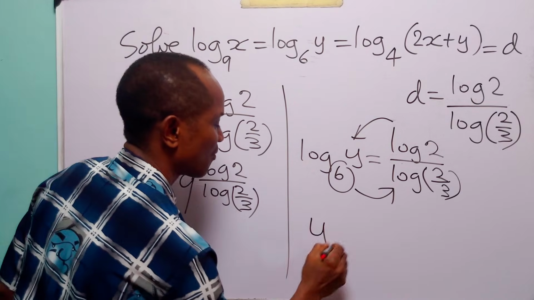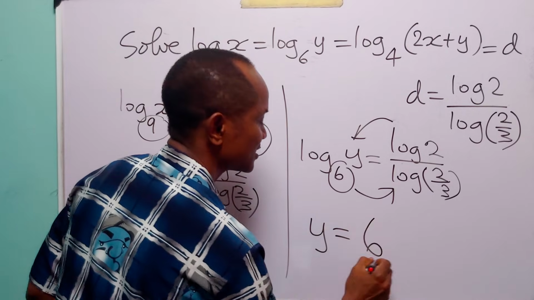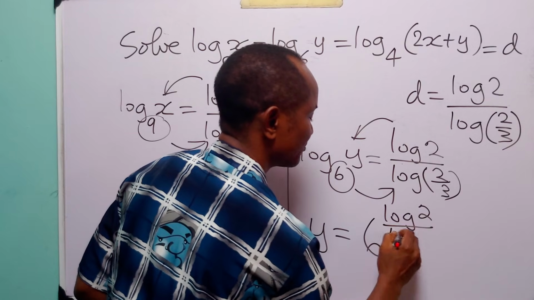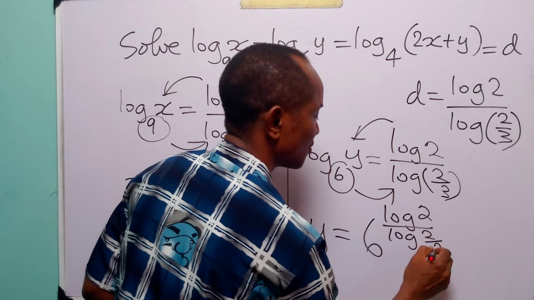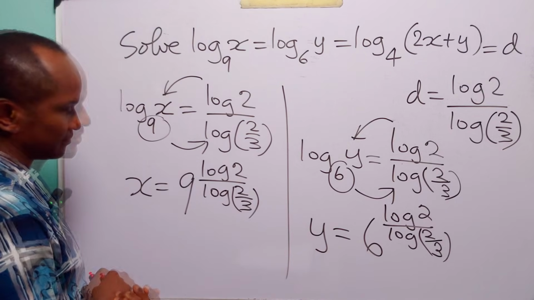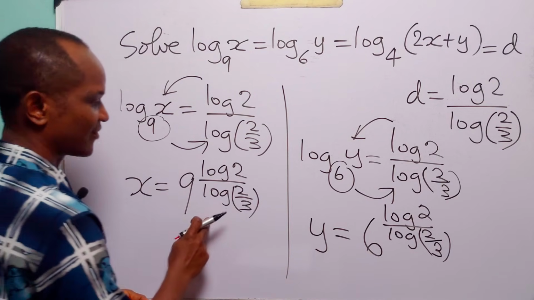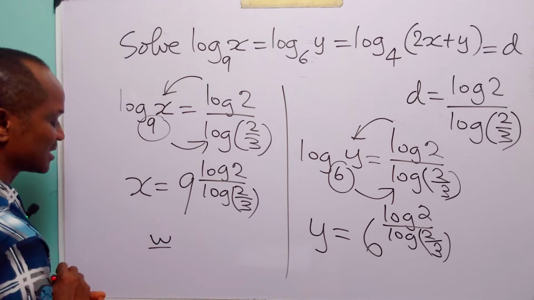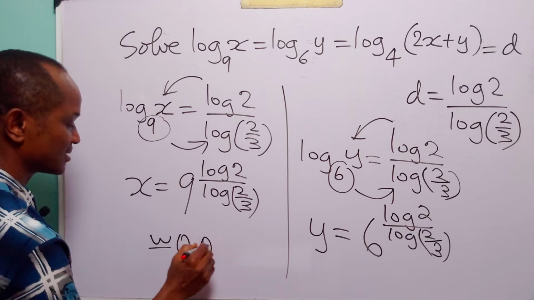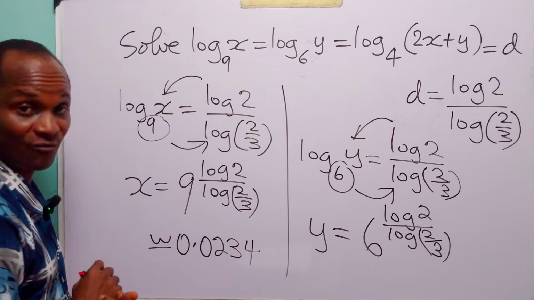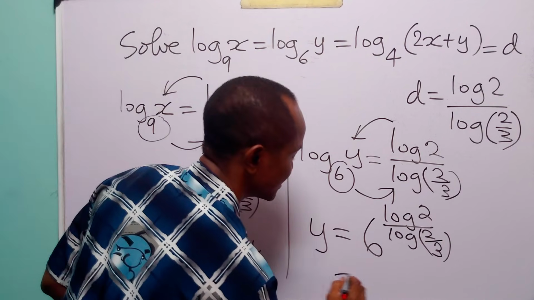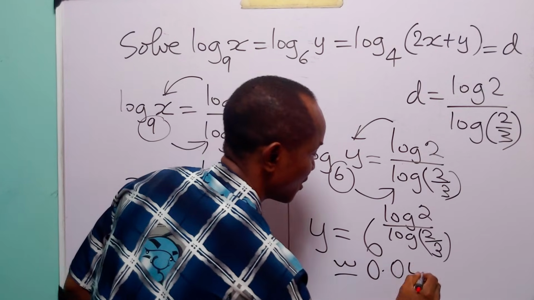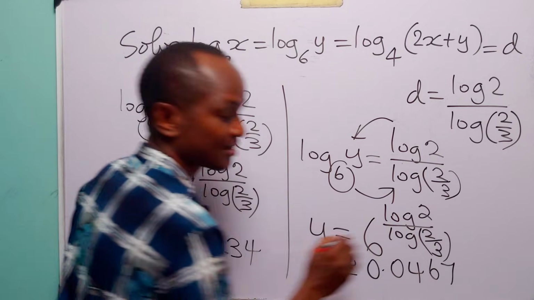So we have that y is equal to 6 to the power log 2 divided by log of 2 over 3. Now, using a calculator, we can evaluate these two values. We have that x is approximately equal to 0.0234, and y is approximately equal to 0.0467.